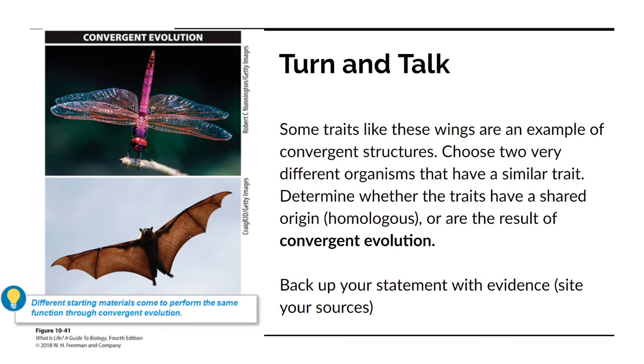Similar to the wings on our bats and dragonflies, think of a trait that is very important to one organism that is similar in another organism, and determine whether or not it is a homologous structure, whether it came from the same evolutionary landmark, the same shared evolutionary history, or whether it evolved separately, whether it's a convergent structure. Convergent evolution or a homologous structure is what we're going for here. Did it evolve separately, or did it evolve at the same time and then they speciated later?